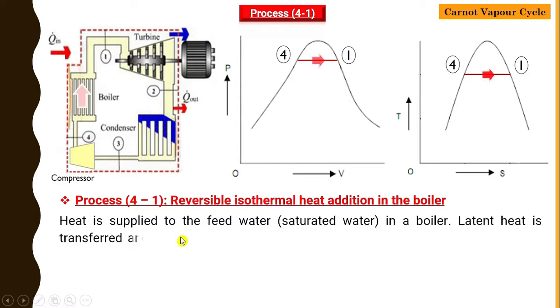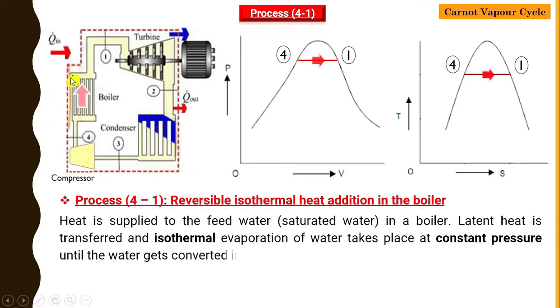Heat is supplied to feed water, that is saturated water in the boiler. So in the boiler, heat will be supplied to the feed water. Now latent heat is transferred and isothermal evaporation of water takes place. Here isothermal evaporation will take place, meaning the process is isothermal. So here you can see on the TS diagram, that is the temperature-entropy diagram, the horizontal line shows the isothermal process.